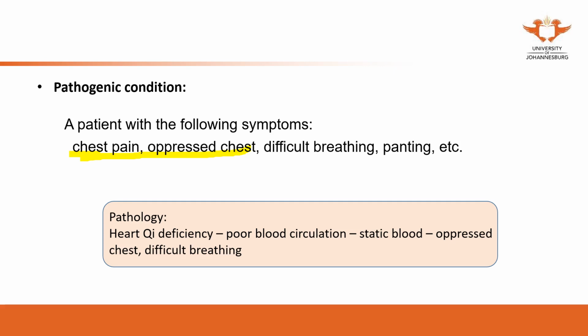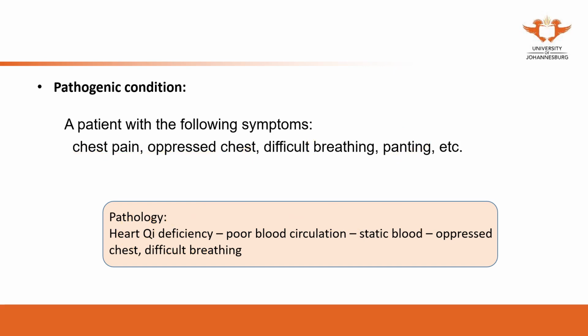The static blood can cause difficult breathing and panting. These are actually the static blood in the lung. So this is from the heart affecting the lung. That causes the oppressed chest and difficult breathing.